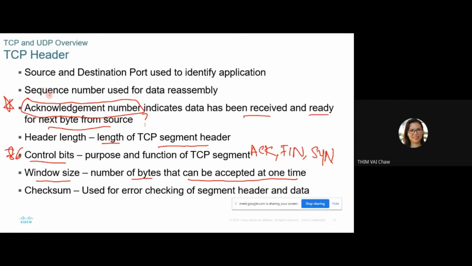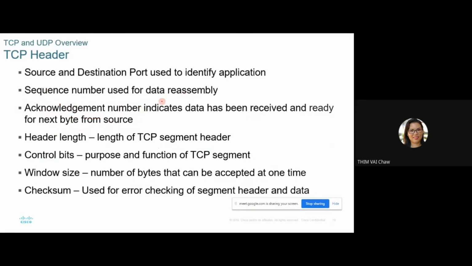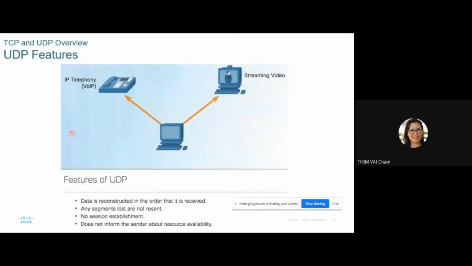The sequence number will be used for data reassembly. Just now I did mention that. This is again telling you about applications like IP phone, voice over IP, streaming video, and live video. The data is reconstructed in the order that it is received.